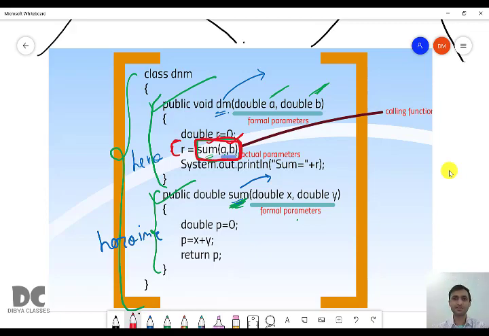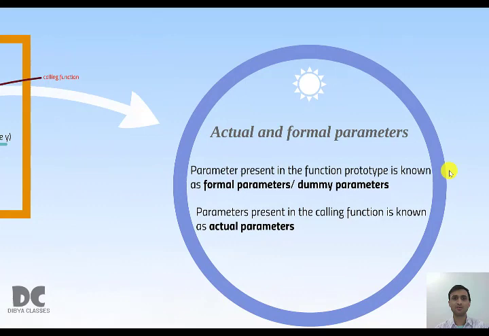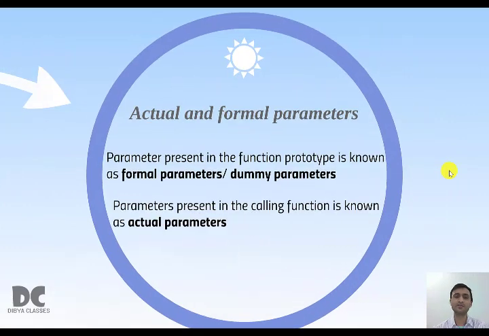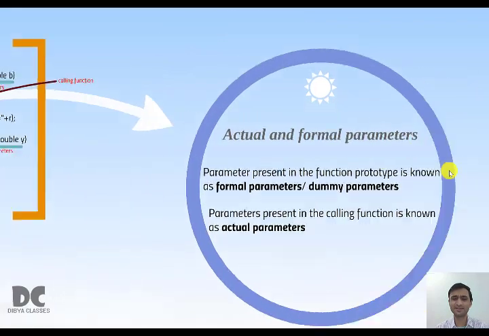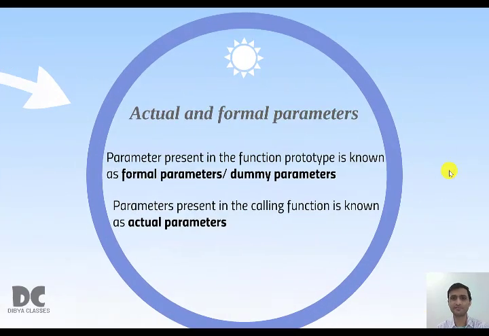Next we'll understand what are actual parameters and what are formal parameters. The parameter present in the function prototype is known as formal parameters or dummy parameters, and the parameters present in the calling function are known as actual parameters. Very simple to remember. It is not a difficult job.